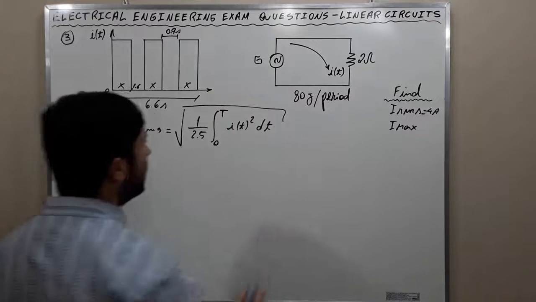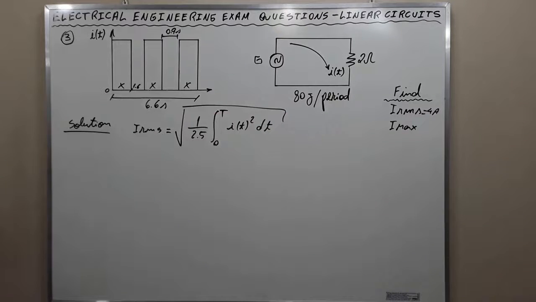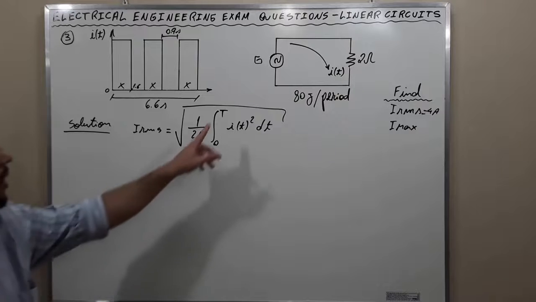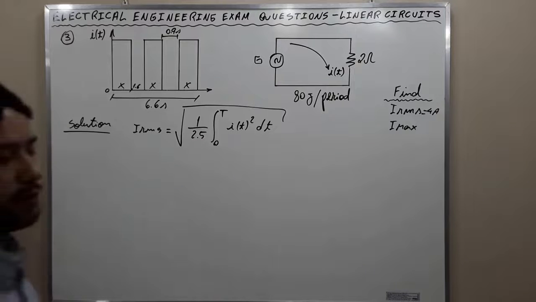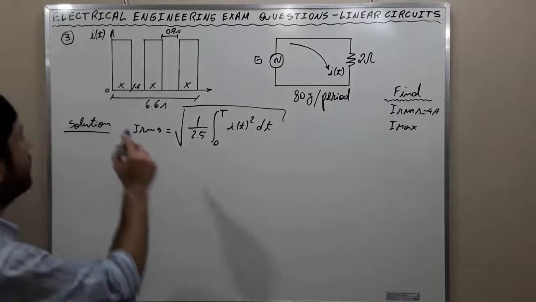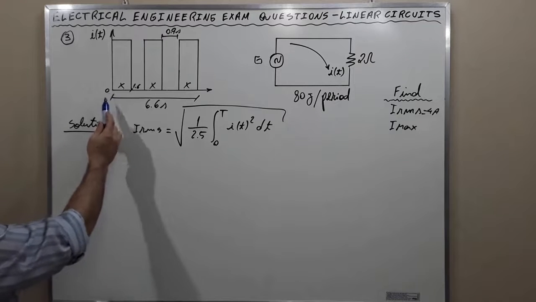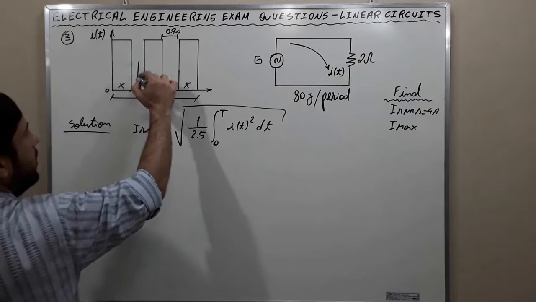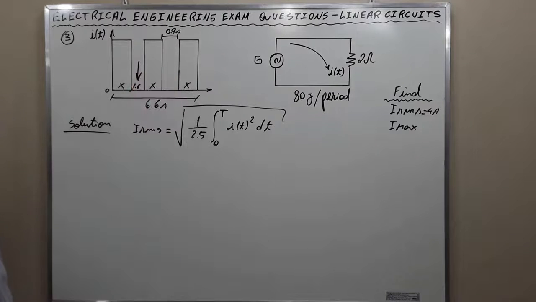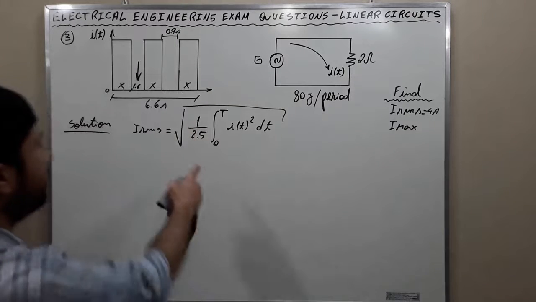This is how we calculated the RMS value of the current. The period is 2.5, and you see that there is a value for current only from here to here, and here the current is 0. Then we are going to split this in two.